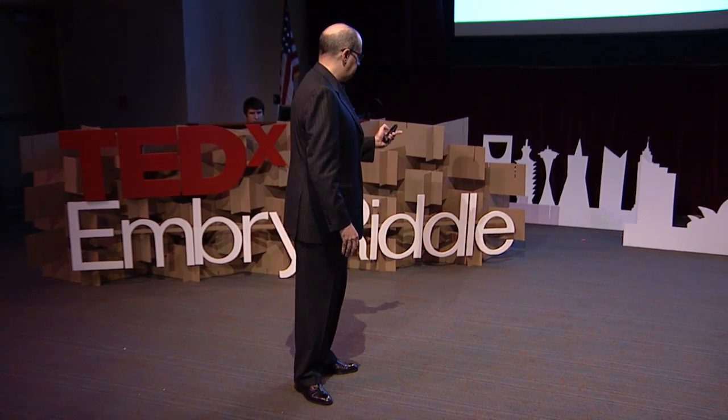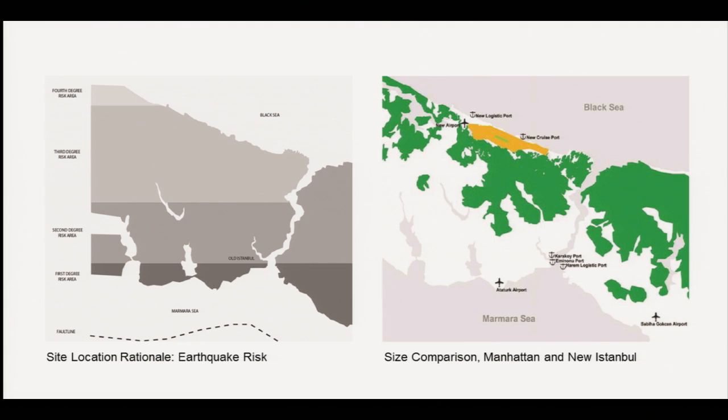Here we see Istanbul, yes, and the famous Bosphorus Strait that connects the Marmara Sea and the Black Sea, and outside of it, the Marmara Sea fault line. And it's anticipated that within the next 20 years or so, a major earthquake will occur within the city that may take out as many as 1 million people.